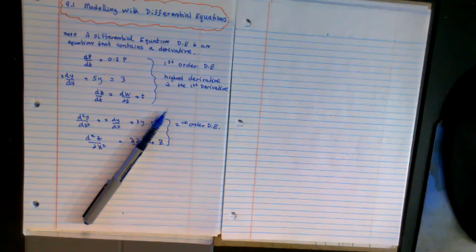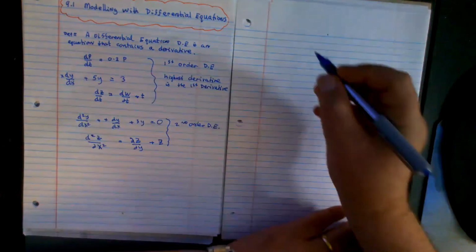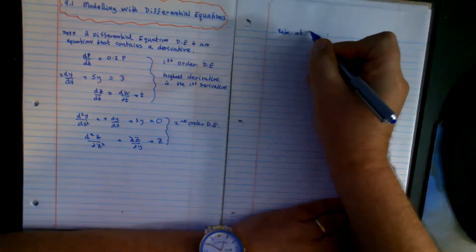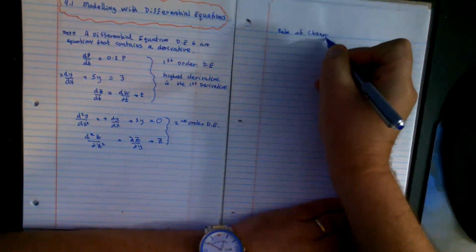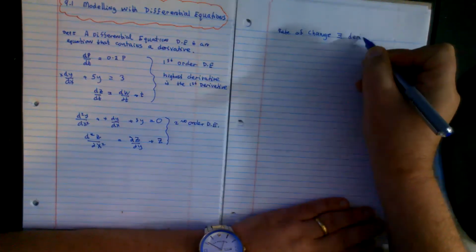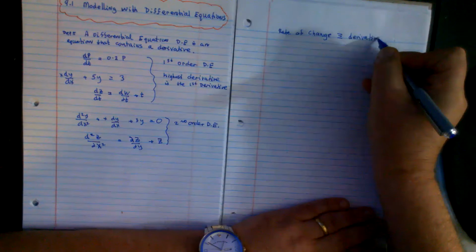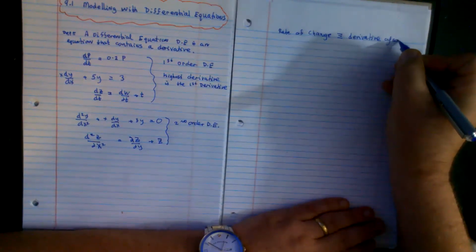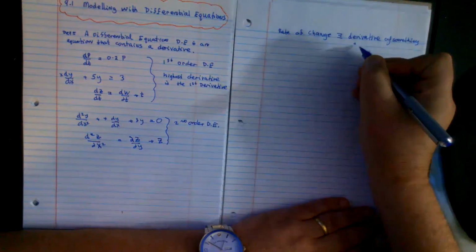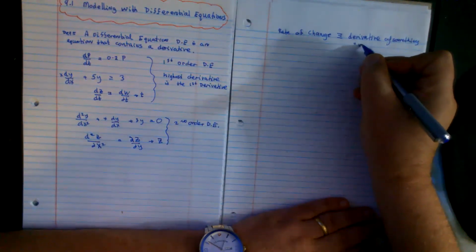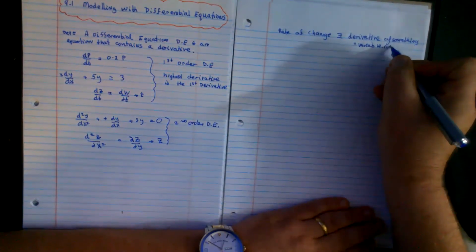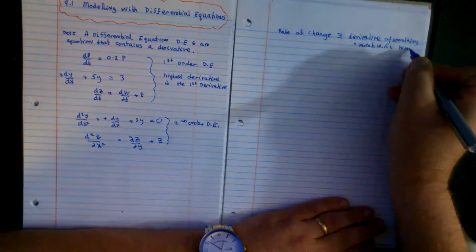In particular, whenever you see things like the rate of change, I want you to think the derivative of something. It's usually some variable with respect to time, but it can be others.